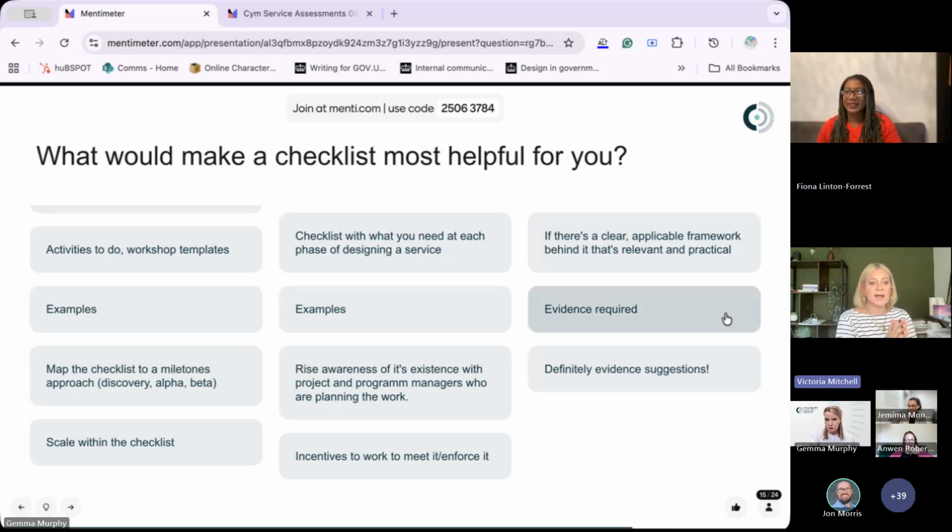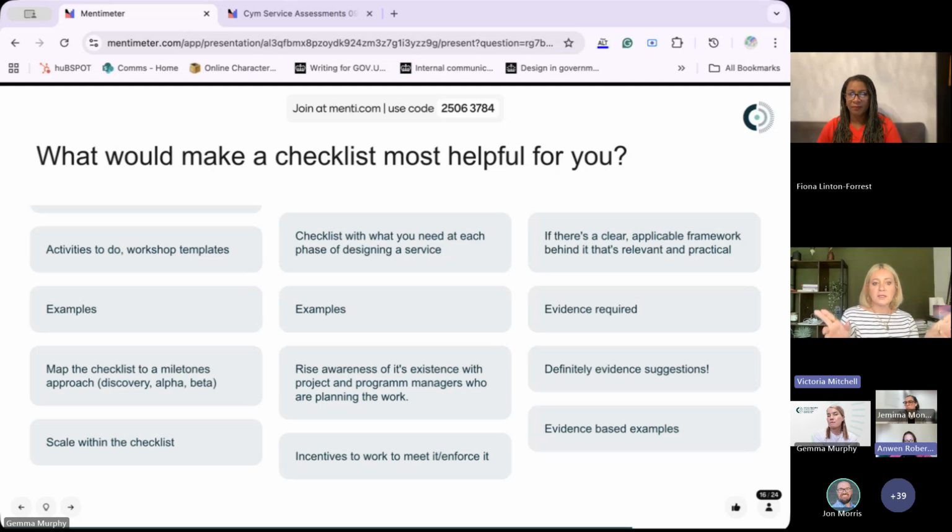As Fiona said, the idea is that the checklist is the first stage in the process and that being self-led. We as CDPS can make some suggestions about how you might evidence that, but ultimately, because it would be the team or the organisation themselves using that tool, the appropriate evidence needs to come from the teams themselves.